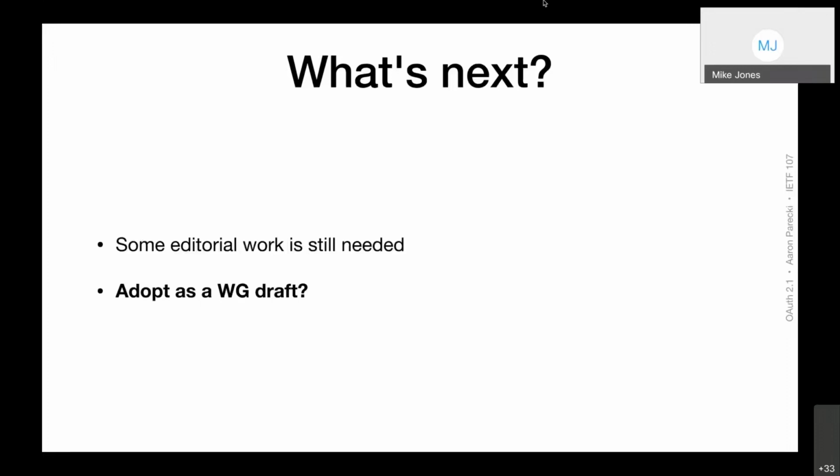Yeah, so let me address that one. Just like 6749 only defined a few response types, and then there were many extensions that were created to do things better. The same is true here. So the only response type defined is authorization code.